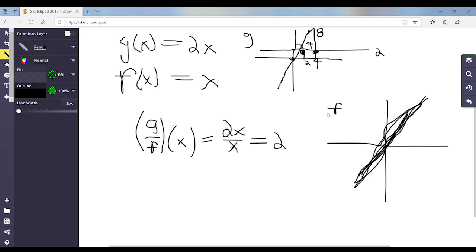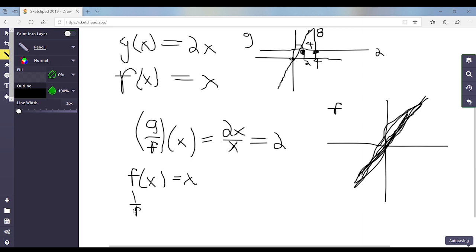Now let's look at f. What is happening to f exactly? Well, the first thing is that it's going to be the thing that's dividing something. So in order to get f into this function, where f of x equals x, we have to take the reciprocal first, and you'll see why in a second.